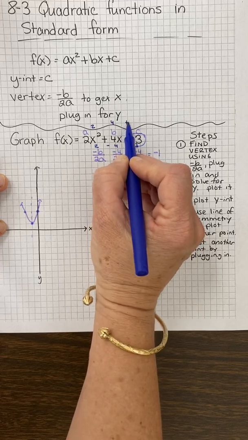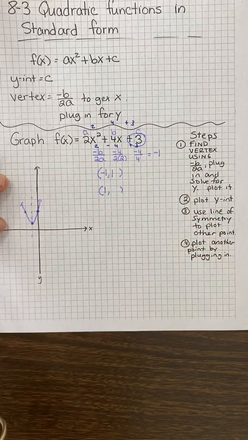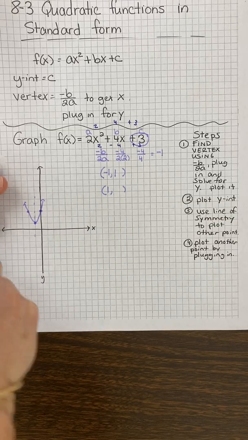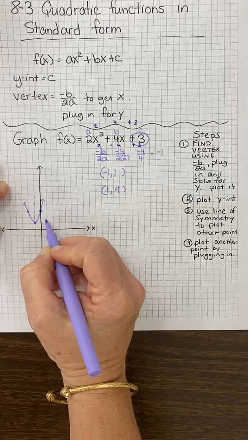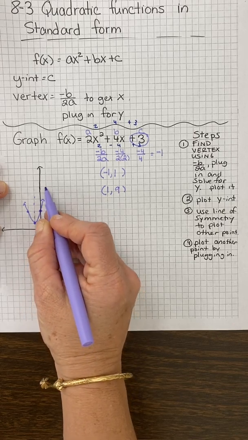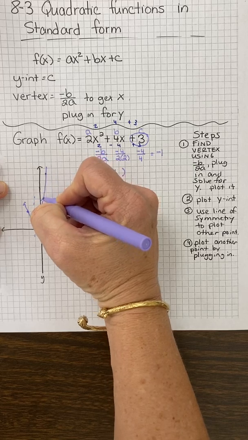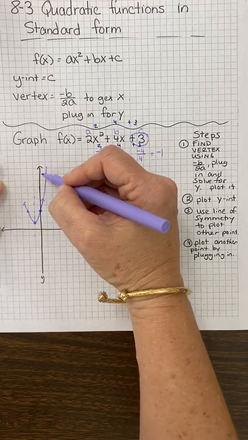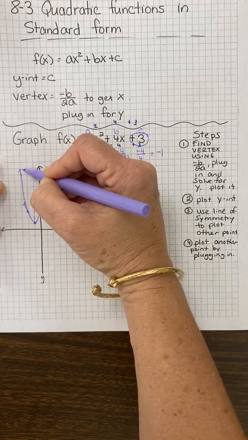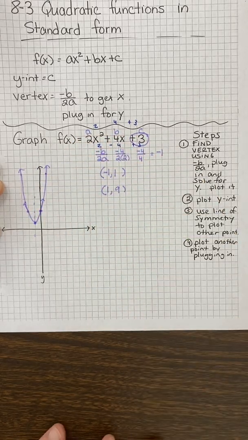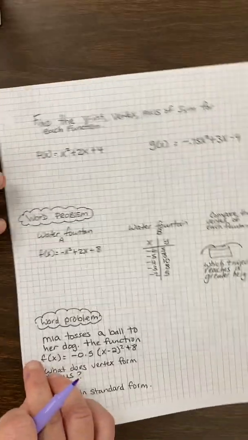I have a 3. Let's add those together. 4, 5, 6, 7, 8, 9. So 1, 9. And then I can just reflect it on the other side. So there's my parabola.